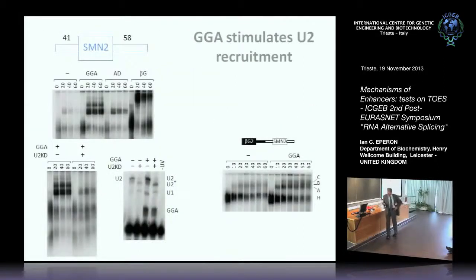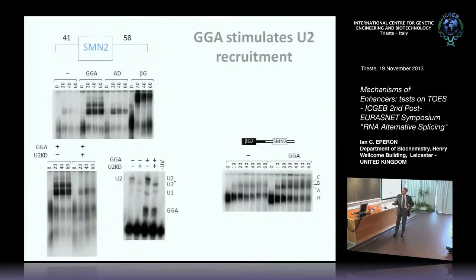But then if we look at recruitment of a more extensive complex around this substrate here, so an exon-defined complex, we can see that without the oligonucleotide, assembly is extremely poor and the RNA appears to be instantly degraded. If we include the GGA oligo, we get very robust formation of these complexes. The annealing domain alone, this short portion of the oligonucleotide that anneals, makes a sort of partial stab at it.